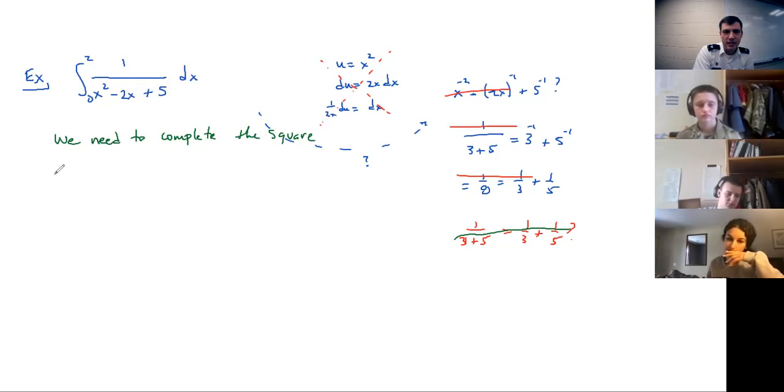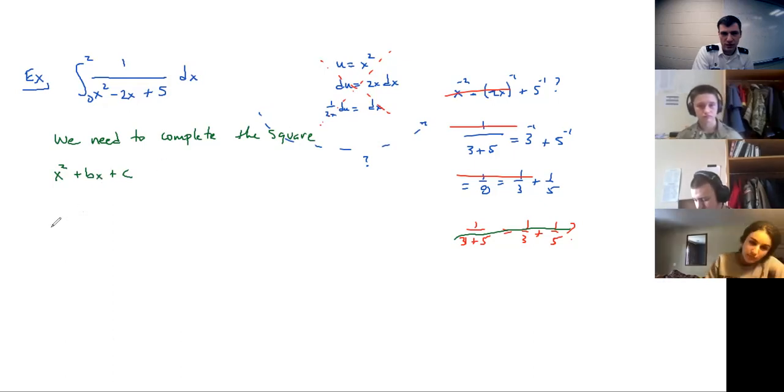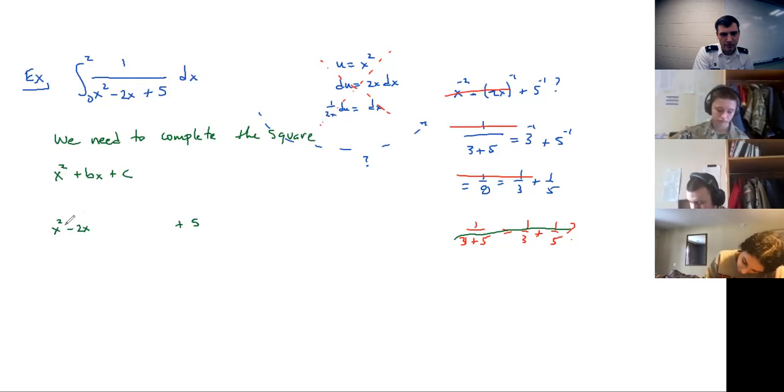So the idea is I want to have a leading coefficient of 1, but I'm going to be thinking about it as x squared plus bx plus c. And so what we're going to do is take half of the b value. So what I have is x squared minus 2x, and I'm going to give myself some space, plus 5. So this is my b value right here, -2. What's half of my b value?